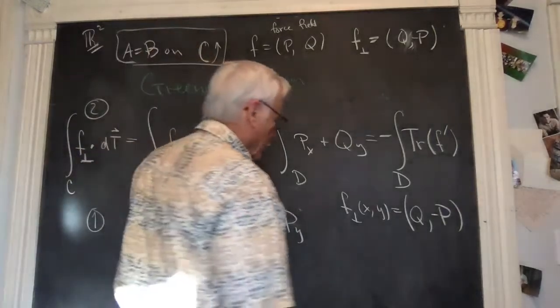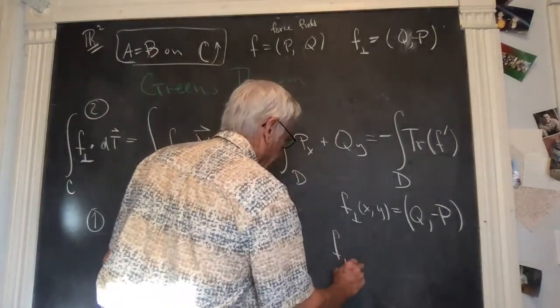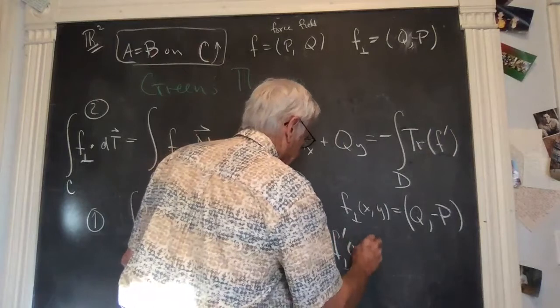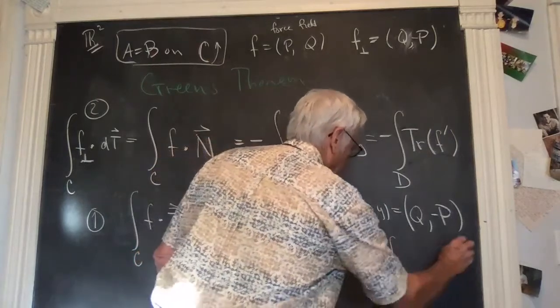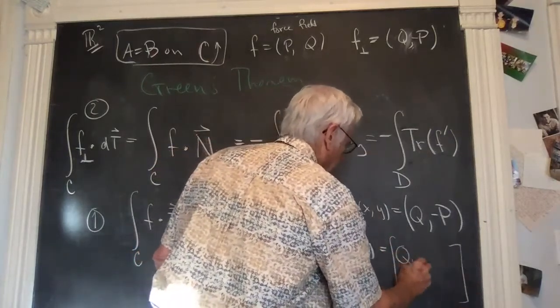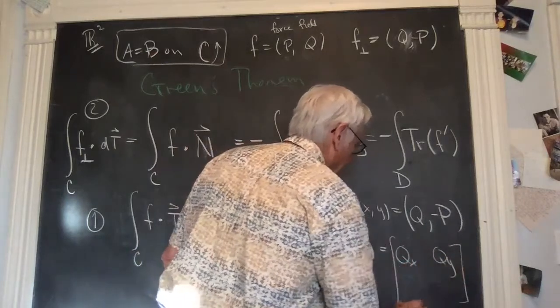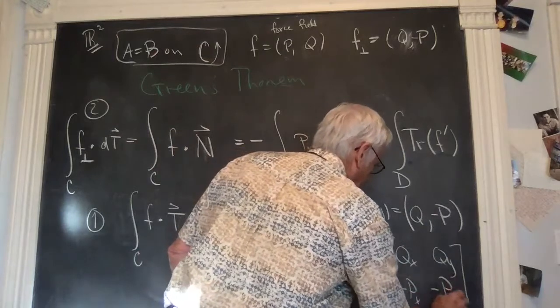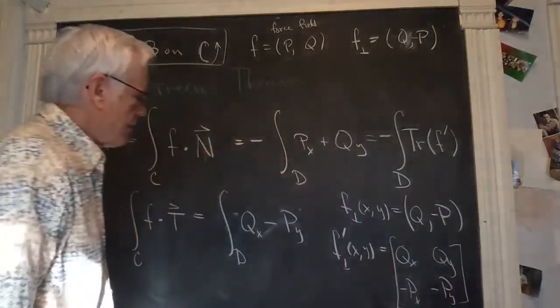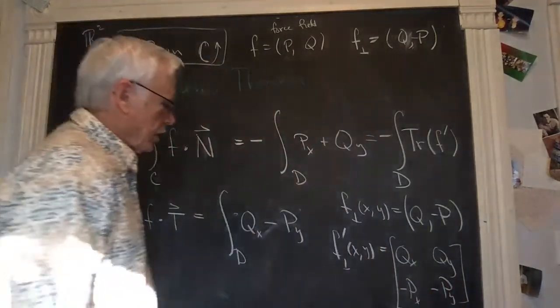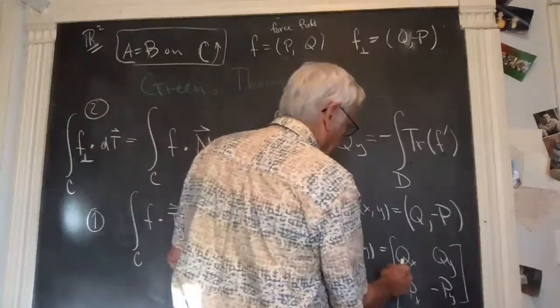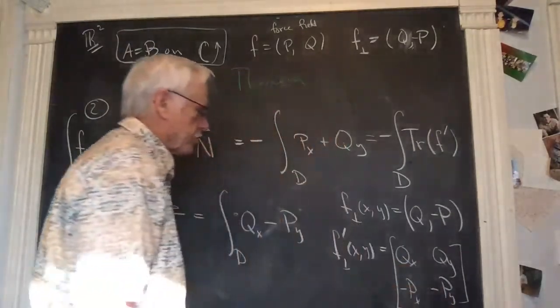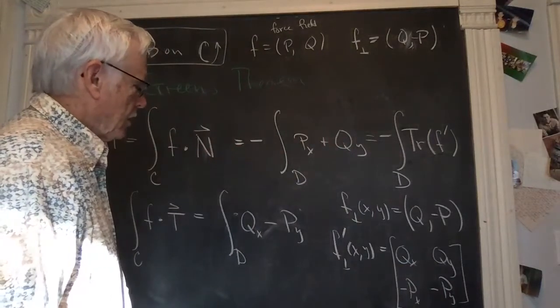And so f perp, let's take its derivative. This will be a 2 by 2: q sub x, q sub y, minus p sub x, and minus p sub y. And we are integrating here q sub x minus p sub y. So we're looking at the trace of f perp.